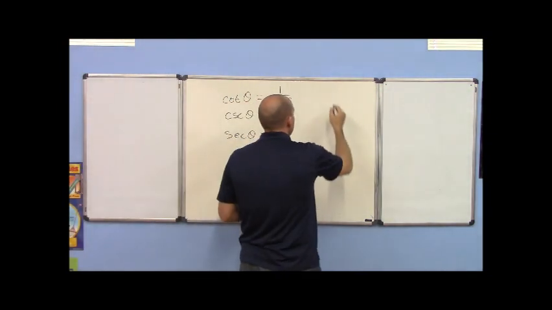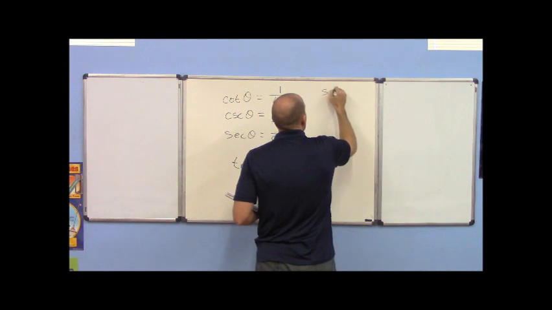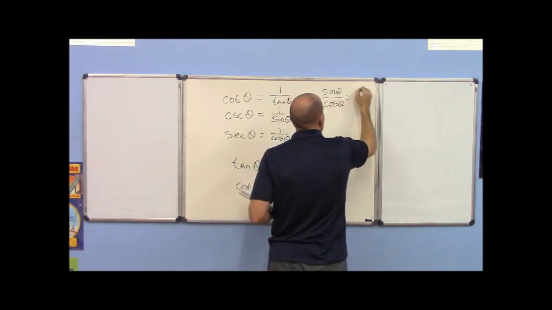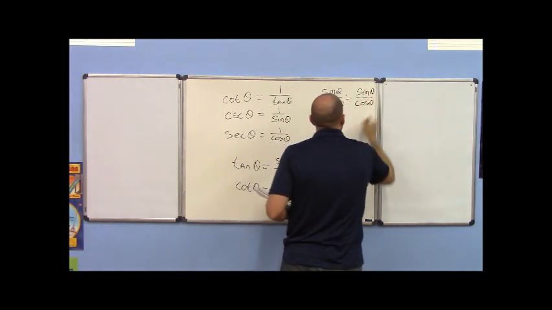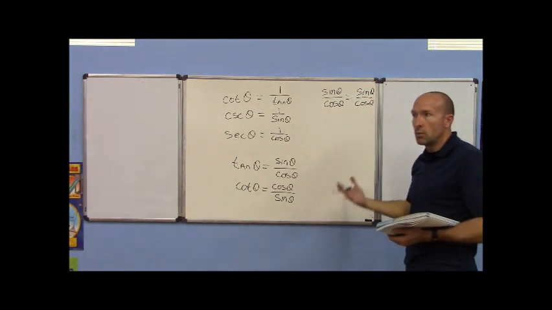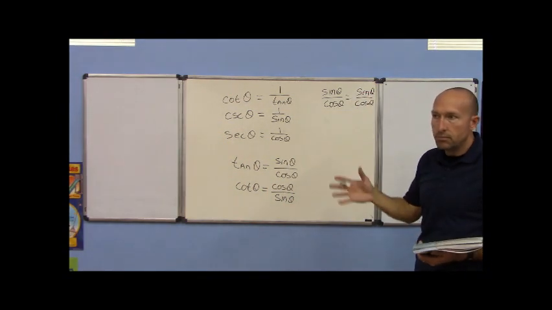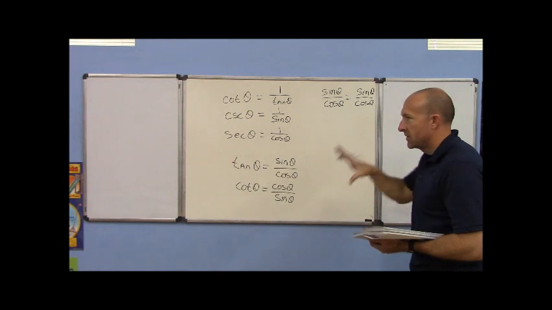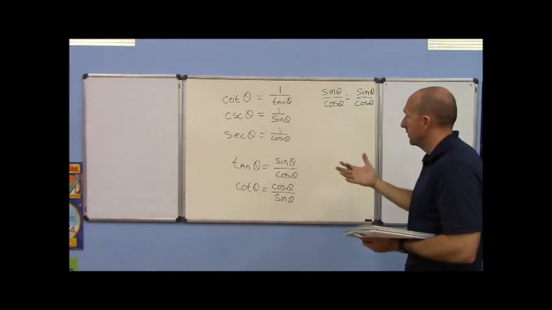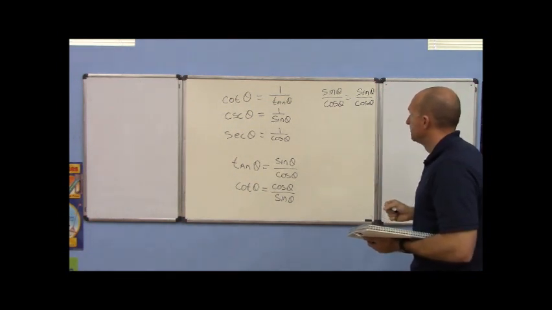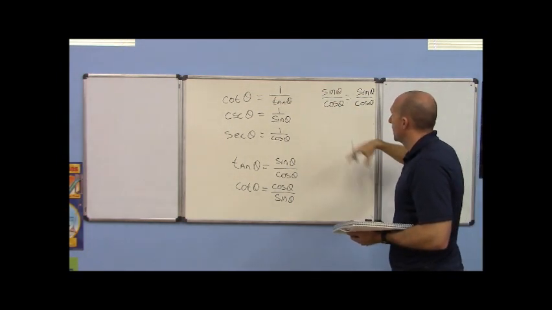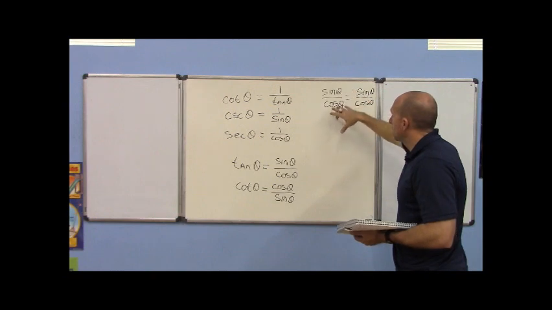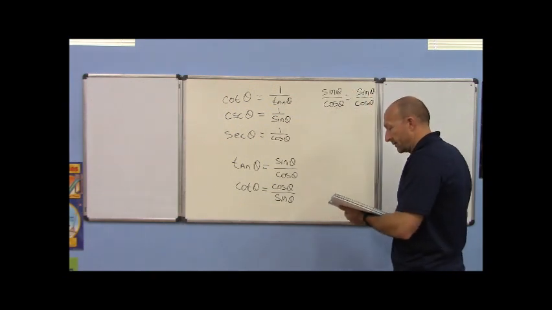We start off by saying sine theta over the cosine of theta equals itself. Pretty simple, right? 1 equals 1. This is discussed in geometry, and even in our earlier algebras. So sine of theta over cosine of theta equals itself.